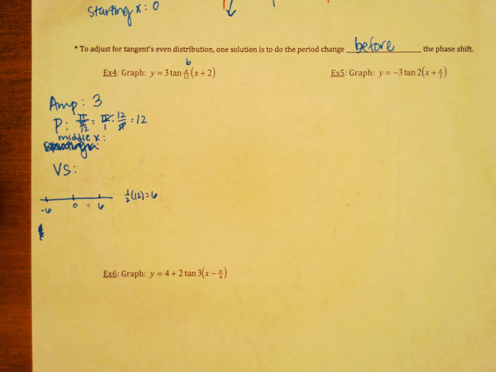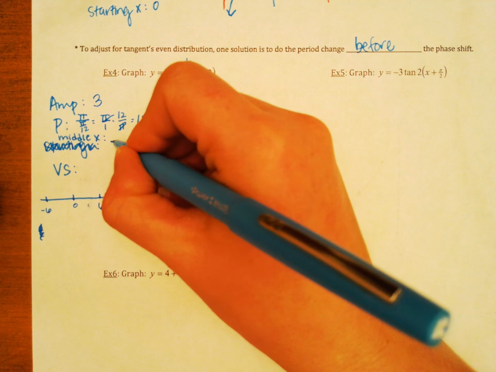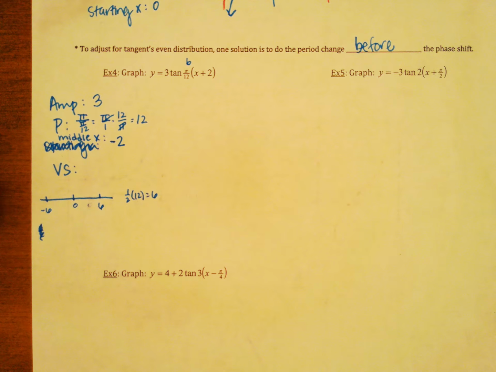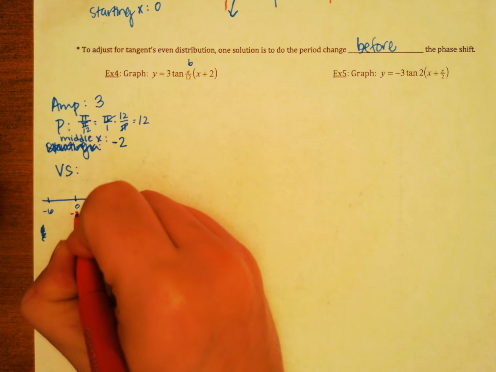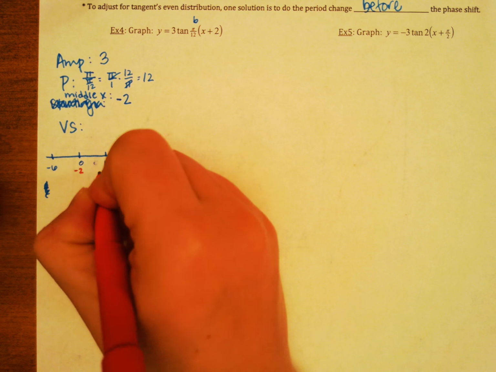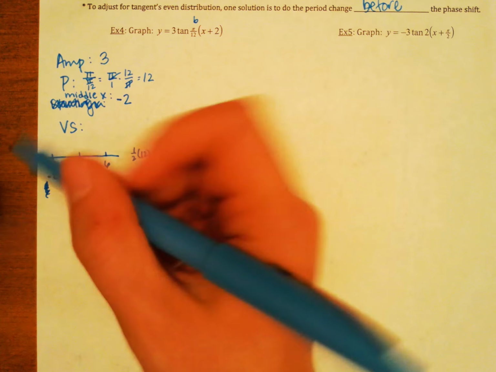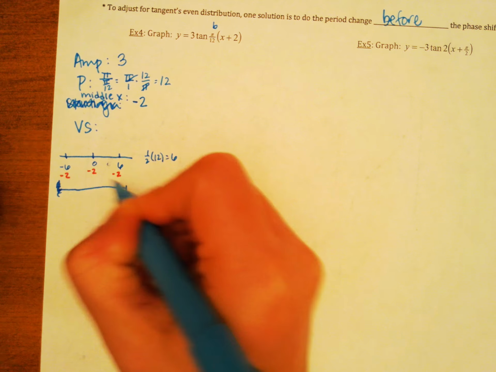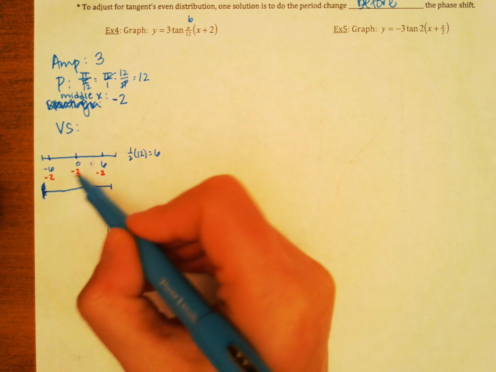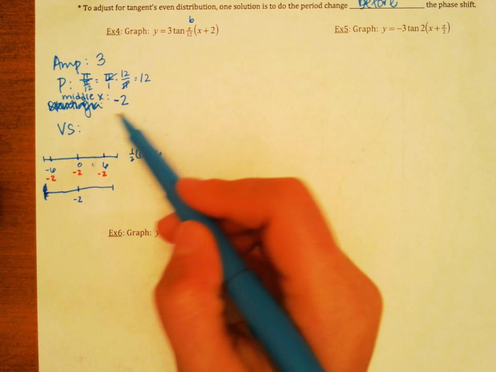However, we do have a phase shift because we have a +2 in here, which we know actually moves it to the left 2 units. So our middle x is not going to be 0, it's actually going to be -2. Well, how do we get there? We take the 0 and subtract 2 from it. Well, if I'm going to subtract 2 from 0, I better be consistent and subtract 2 from everything else. So now my new x-axis, if I subtracted 2 from everything, that middle value, we know we want it to be -2 because that's where our middle x value is.